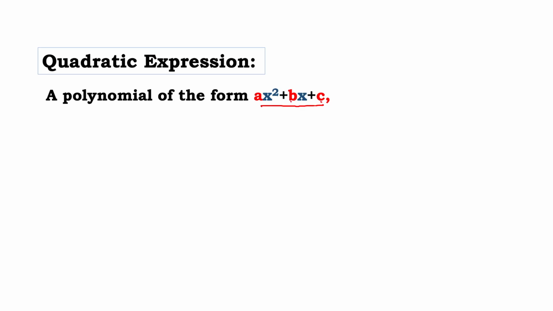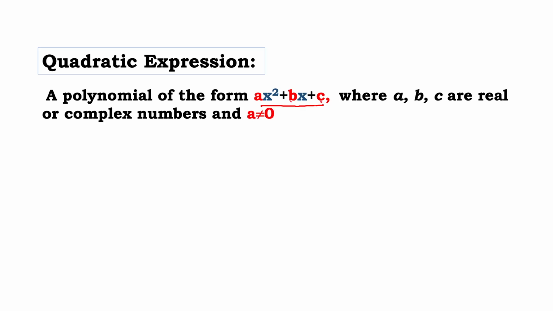These coefficients a, b, c may be real or complex numbers. A complex number is denoted by i, that is the square root of minus 1. This i is known as iota, and we study this term in complex numbers.